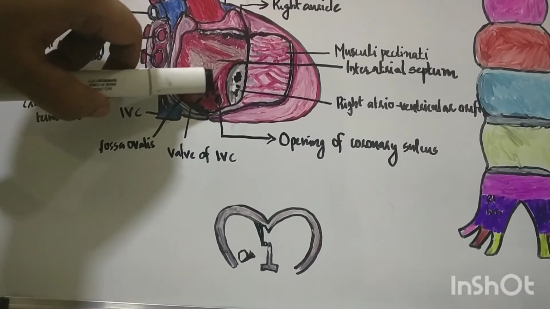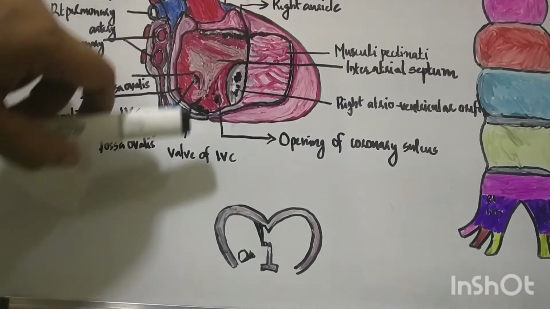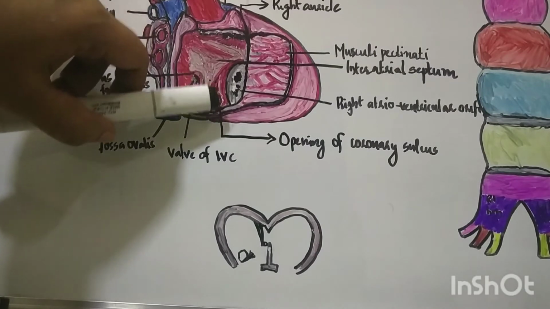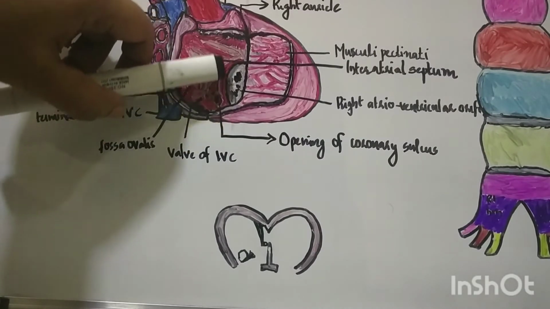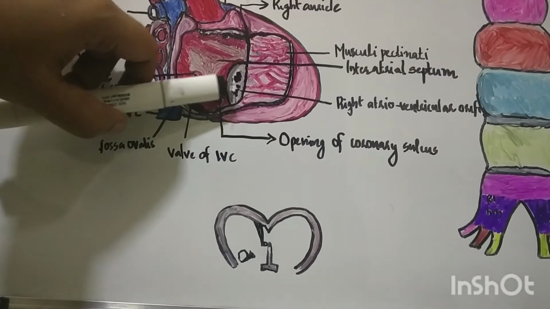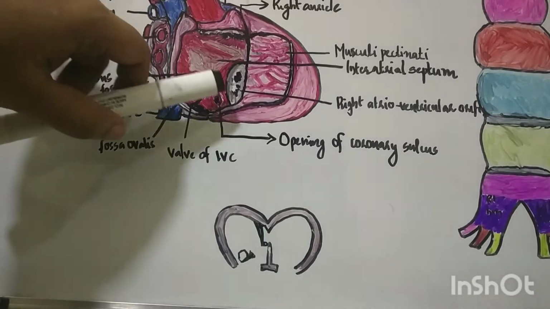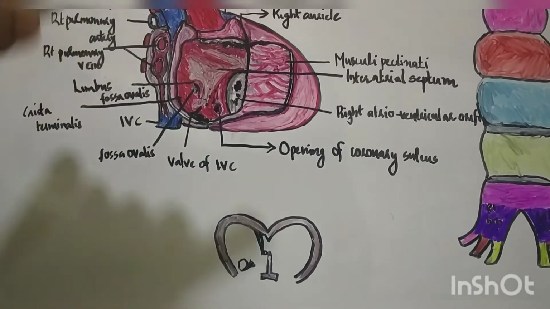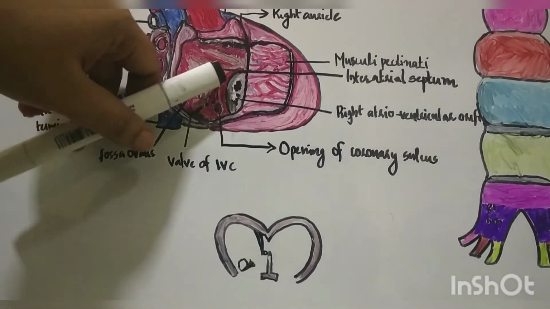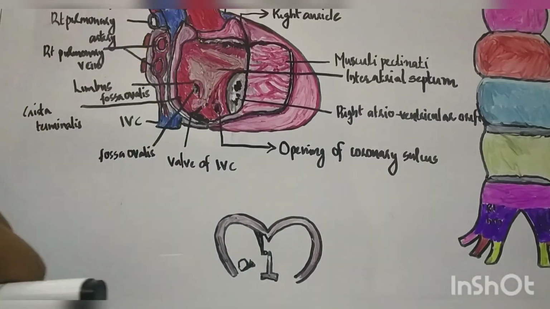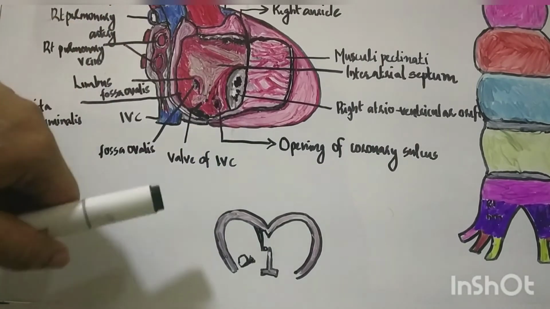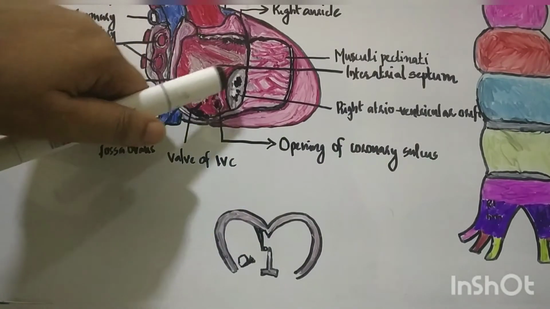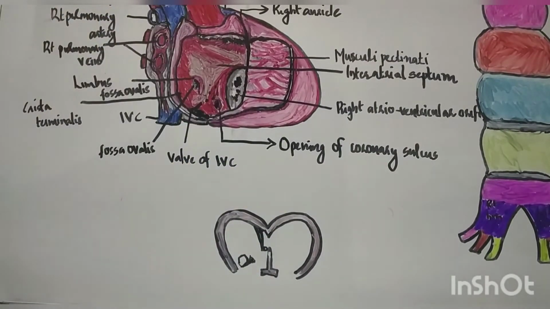Most of the cardiac veins open to the coronary sinus, and here you can see the opening of the coronary sinus. It is guarded by the thebesian valve, and you can see the openings of the anterior cardiac veins and sometimes the right marginal veins.